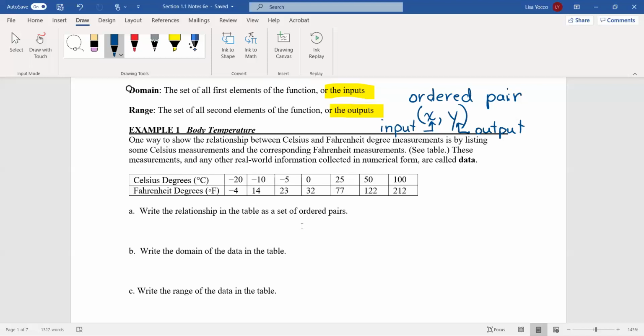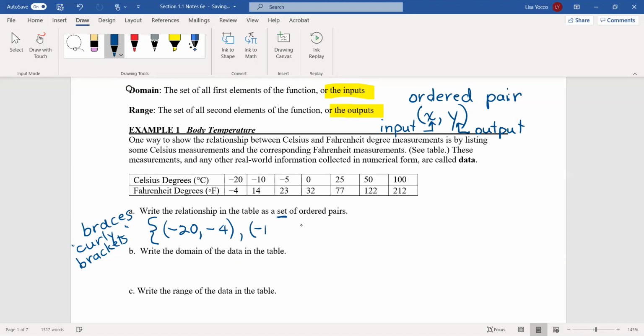Okay, a set is indicated with these, which are actually called braces. I think some people also call them curly brackets. Official name is braces. Now that indicates a set. And then I would just write, okay, for the negative 20 degrees Celsius, we're going to assign negative 4 for the output.